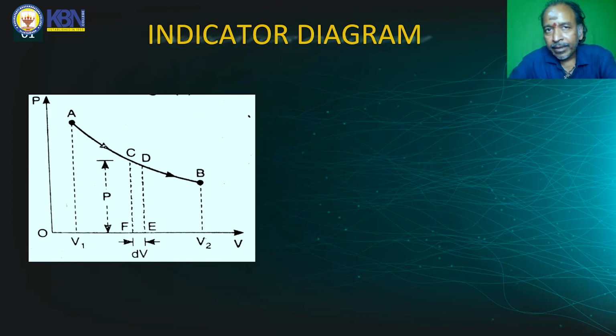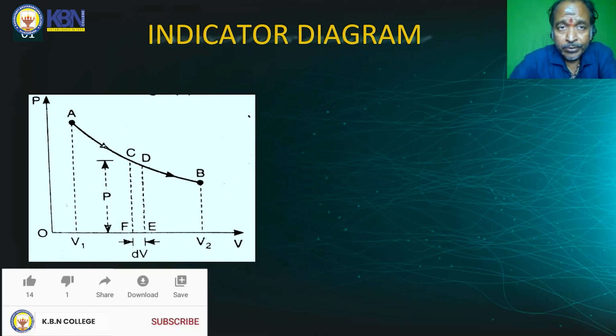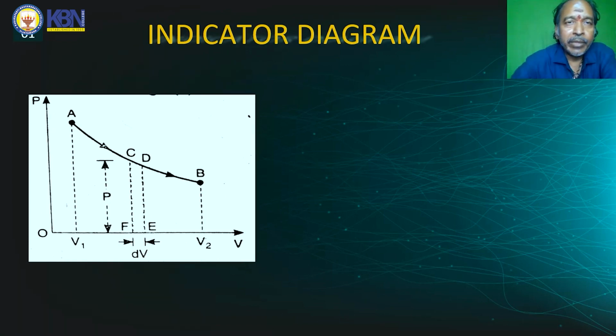The other process is the adiabatic process. In an adiabatic process, there is no chance to exchange heat energy between the system and the surroundings. But in an isothermal process, there is a chance to exchange heat energy between the system and the surroundings to maintain constant temperature. So Boyle's law is obeyed in isothermal, but in adiabatic, Boyle's law is not obeyed.